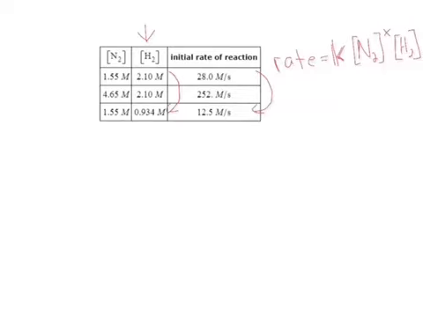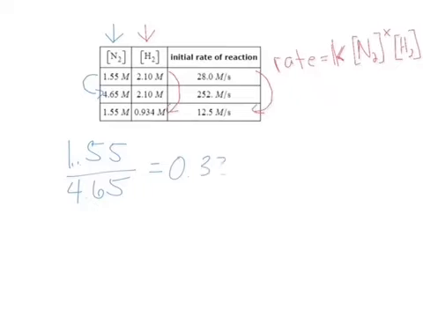So if we're going to hold the H2 constant, we'll use the first two experiments here. So if you have 1.55 divided by 4.65, that gives you, on my calculator, 0.333. It just goes on and on, 0.333.